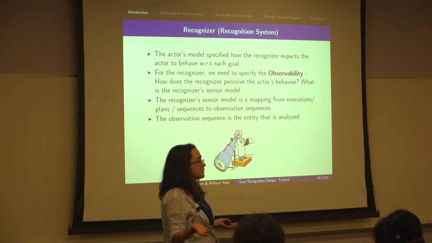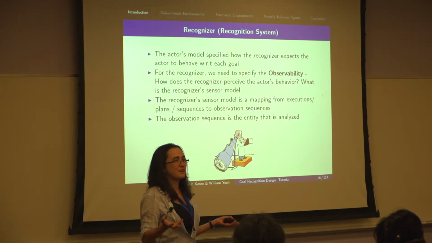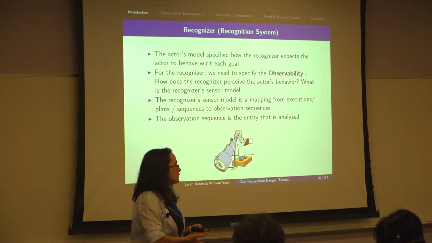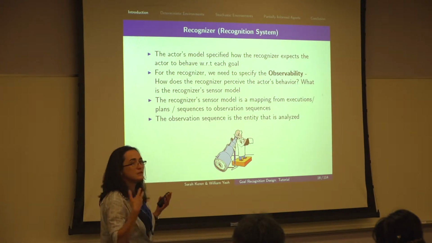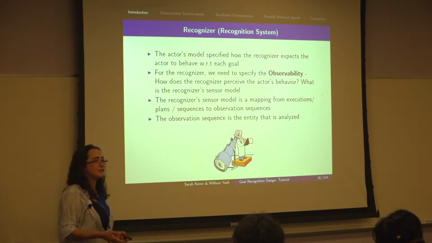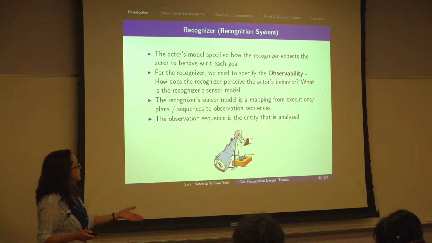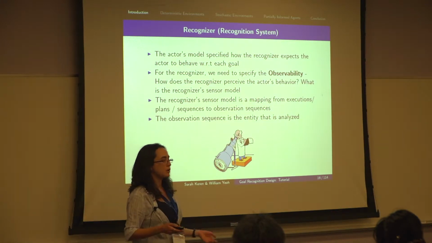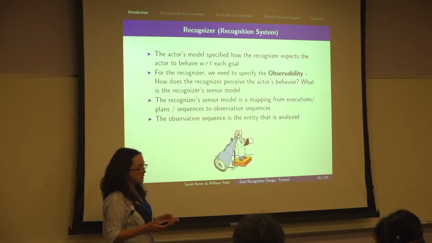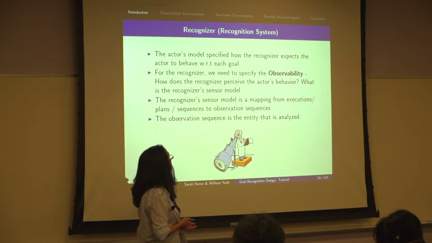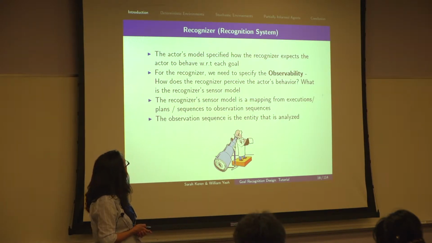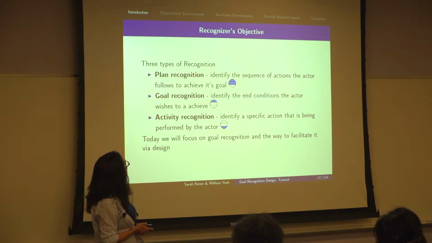Sometimes, even though the agent has perfect information and we know exactly what the agent is going to do, we still can't see the agent clearly. So in some settings, we have partial observability, and we need to account for that. That's what we account for here in the recognition process element of the model.